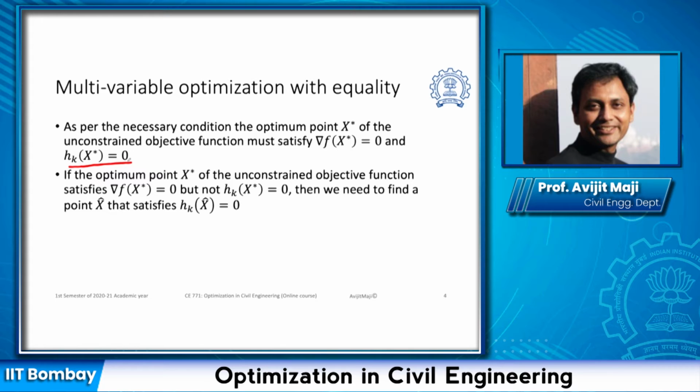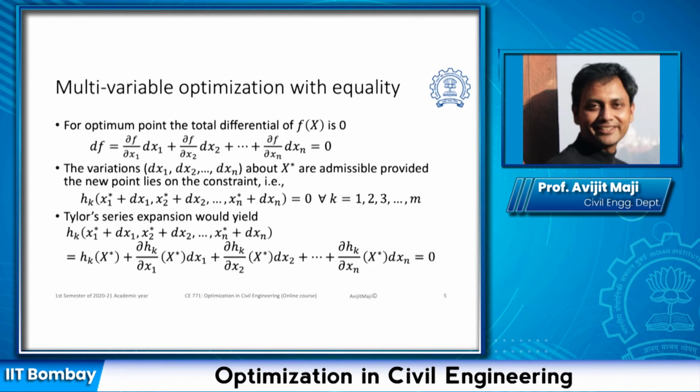So in that case, x cap is such a point that satisfies the constraint which is equal to 0, and for this point we have to see whether the function value is minimum, or maximum or a saddle point. Now with this basic theory, we'll be looking into the problem in depth.